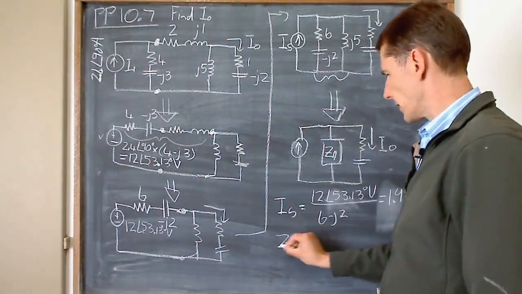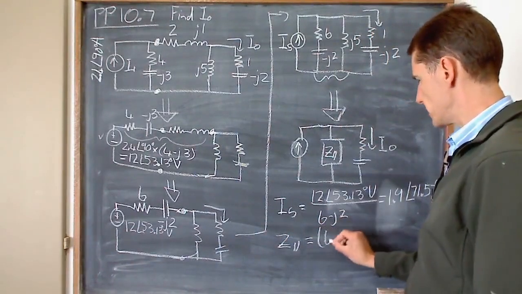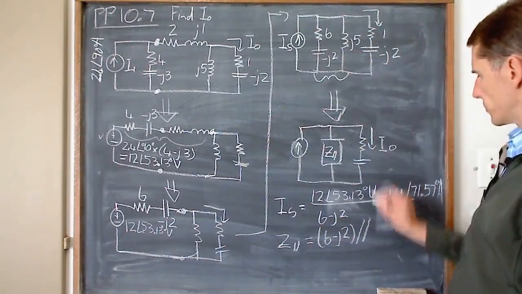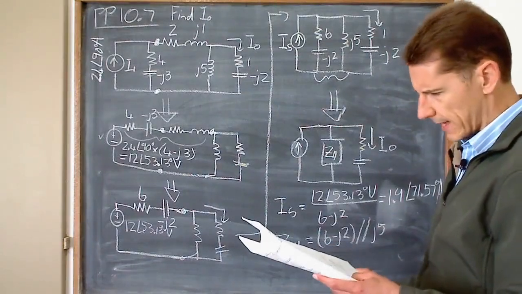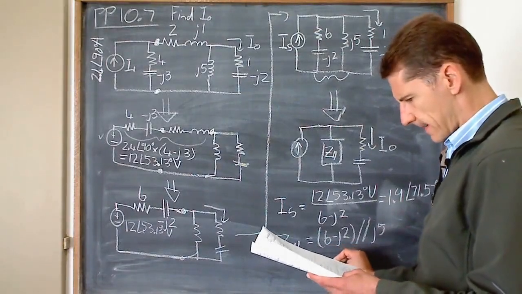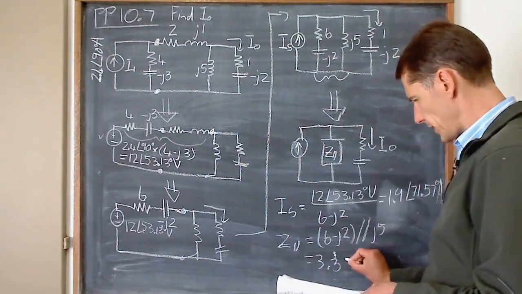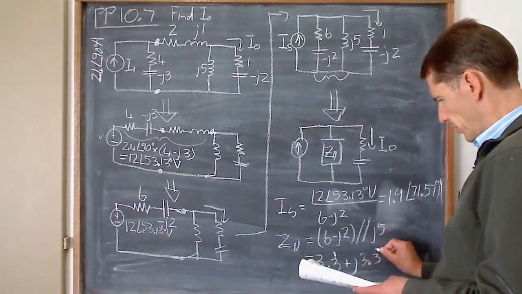Now for Z parallel, that's going to be the 6 minus J2 parallel with the J5. And you get 3.333333 plus J3.333333.